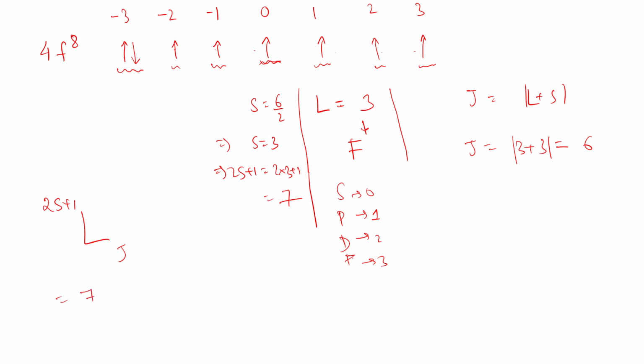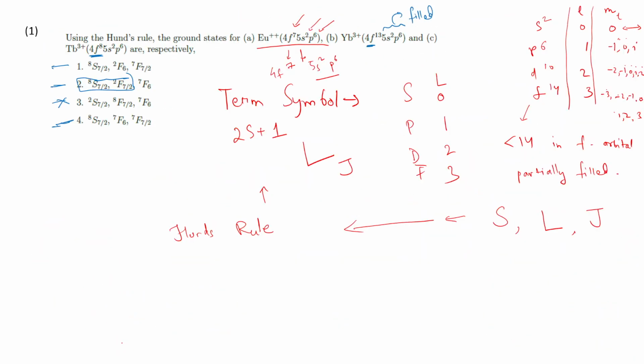L is equal to 3, which corresponds to F, so we write it as F. And J is equal to 6. So what we have to write is 7F6. So this is your third option, 7F6. So this is correct.